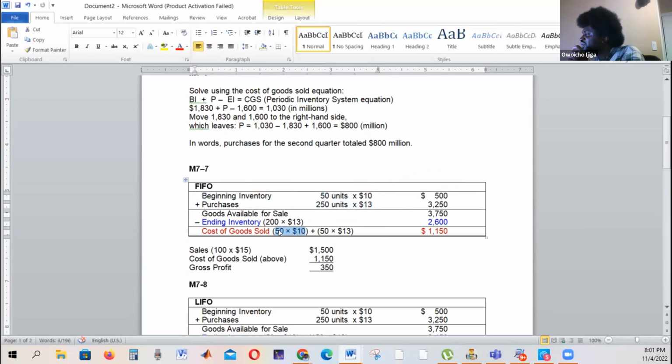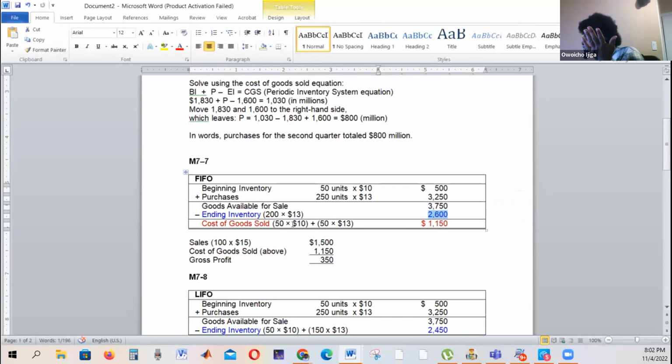The ones I sell, 50 of the beginning inventory, at $10 per unit. And then I go into the purchase, because remember the question said we sold 100. So I sell 50 out of this at this rate. It gives me the cost of goods sold. And if I subtract that from the goods available for sale, it gives me the ending inventory. As simple as that.